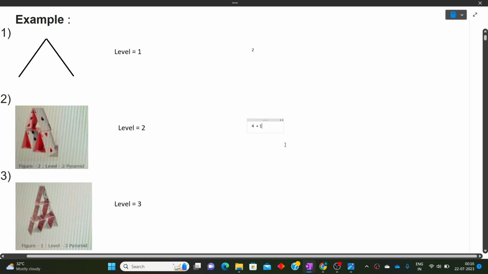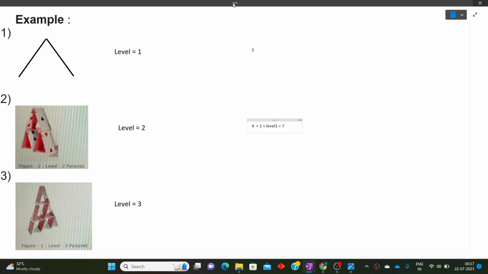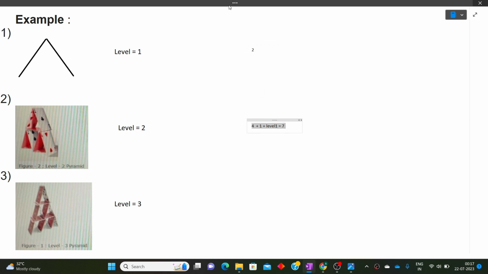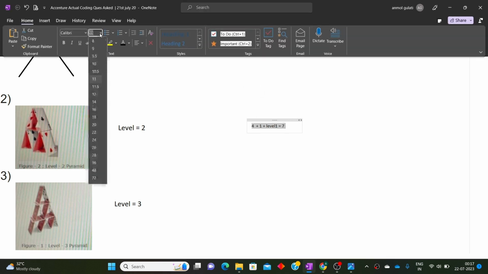Plus we have to add the number of cards from level 1, because level 1 cards are also included. So 4 plus 1 plus level 1 gives us 5 plus 2, that is 7. I hope this is clear to you. If it is still not clear, let me explain with the help of level 3.